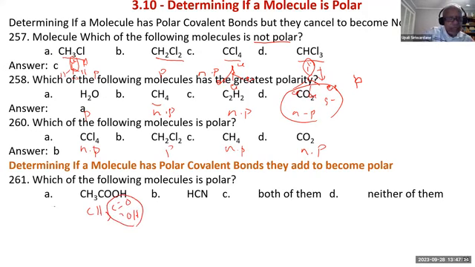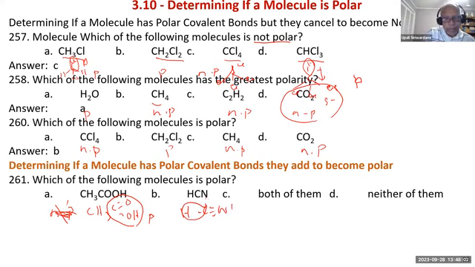Therefore, when you find an organic acid, it's going to be polar. I wrote it wrong here. HCN also has an electron distribution like this. Therefore, this bond is a non-polar covalent bond. This bond is polar.